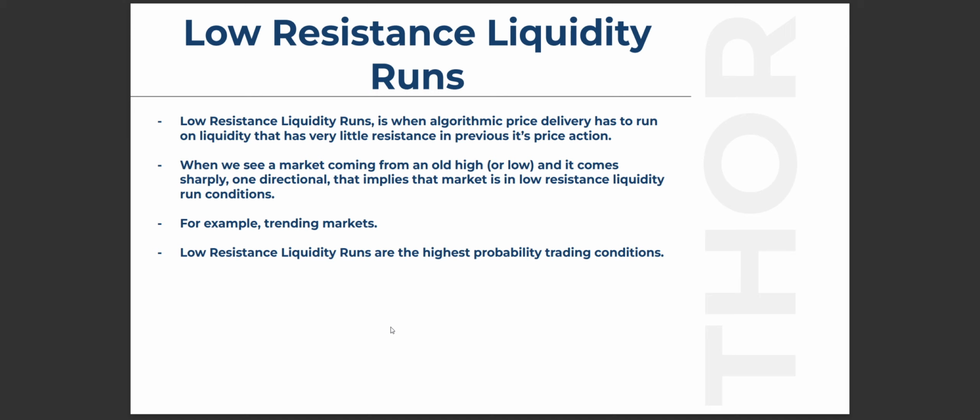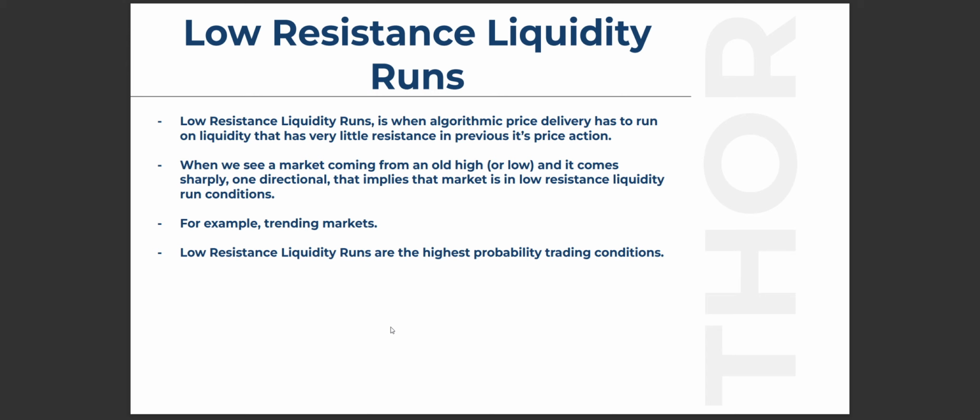Low resistance liquidity runs are when algorithmic price delivery has to run on liquidity that has very little resistance in previous price action. So we won't be seeing range bound markets beforehand, and you're not going to see a lot of resistance or support, whatever the case is.